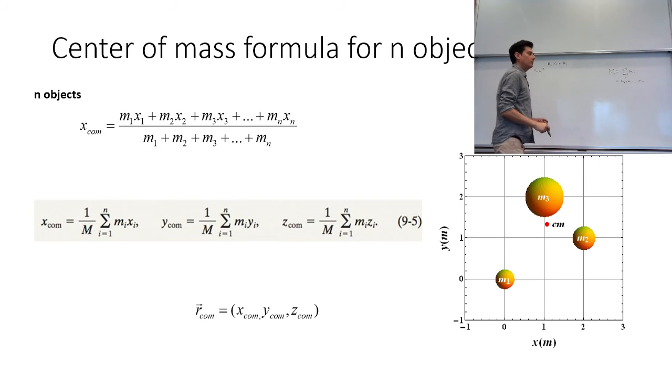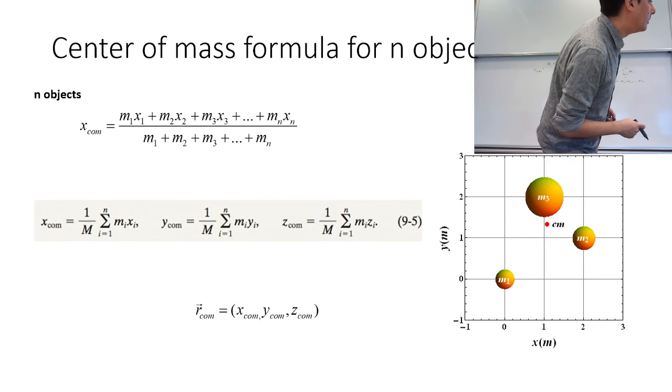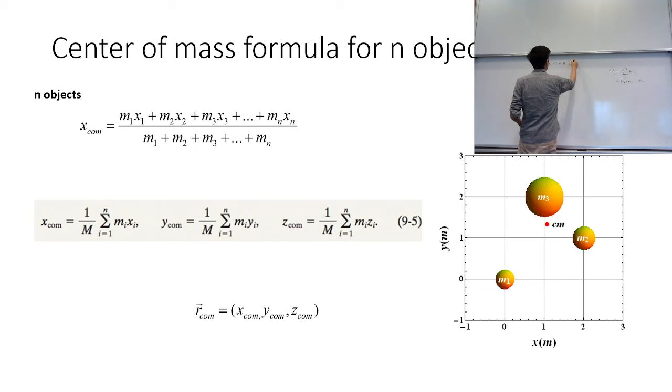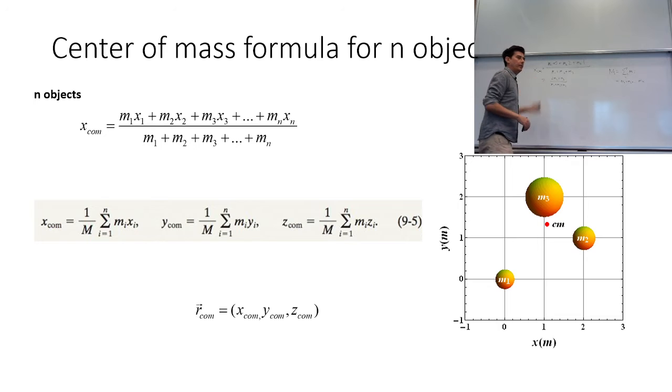Second mass, what's the x coordinate of the second mass? 2, right, whatever units. This one is 1. Divide that by m1 plus m2 plus m3. So the first term is just 0, and it'd be 2m2 plus m3 divided by m1 plus m2 plus m3. That's what you would have for the x coordinate.